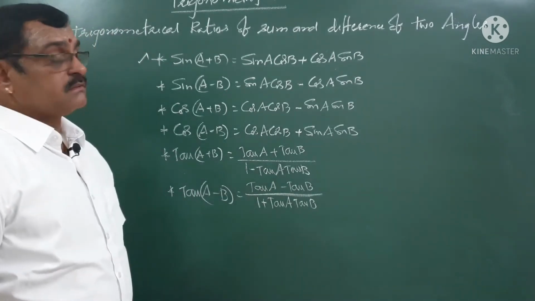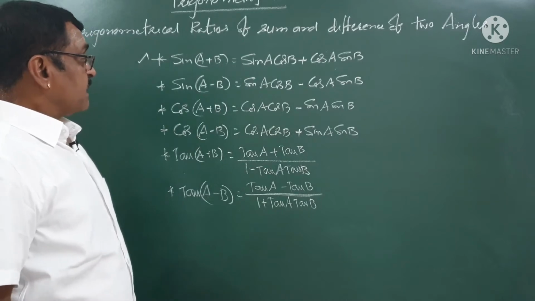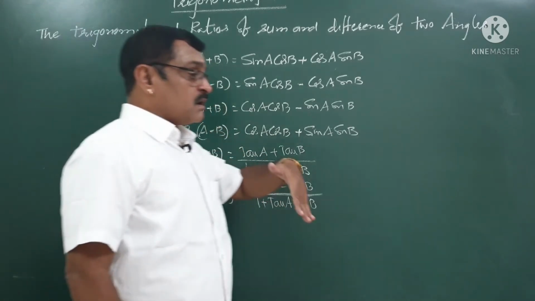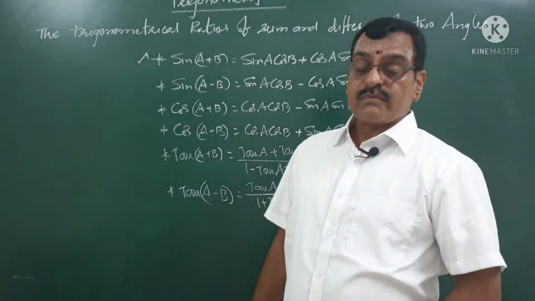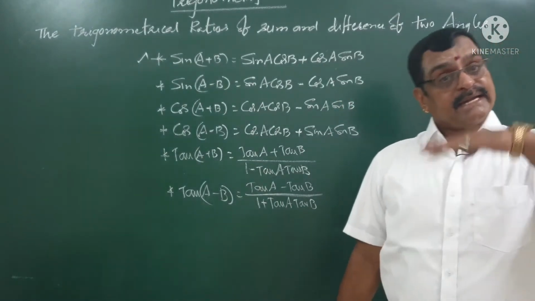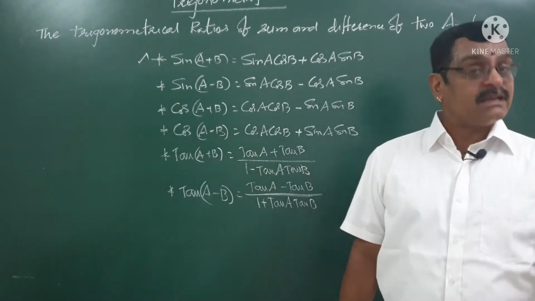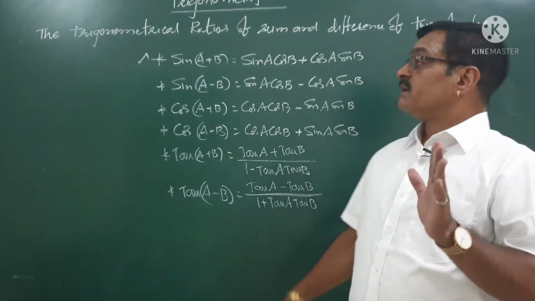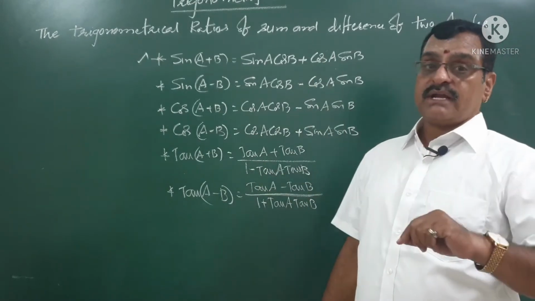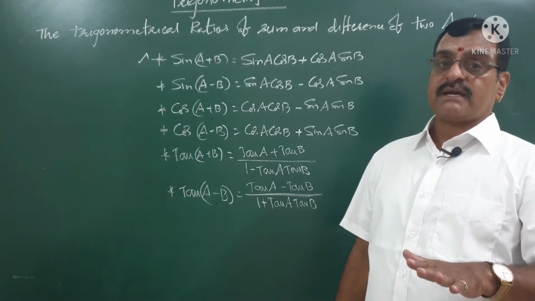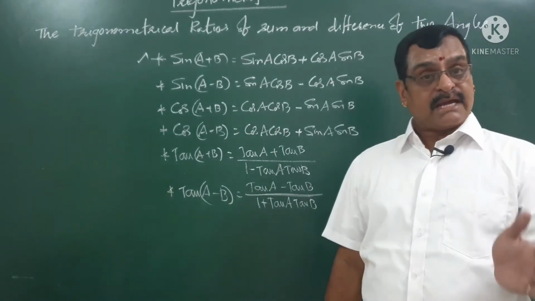Now you may get one doubt. Are all these identities true for any size of angles or any sign of the angles? Yes. In the place of A and B, you can take an acute angle, obtuse angle, reflex angle, any angle you can take.